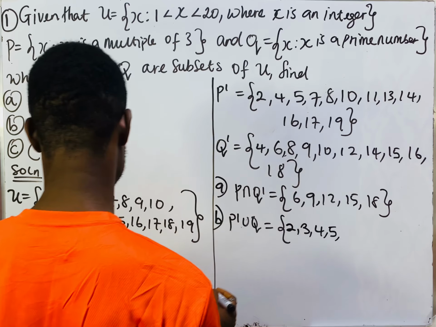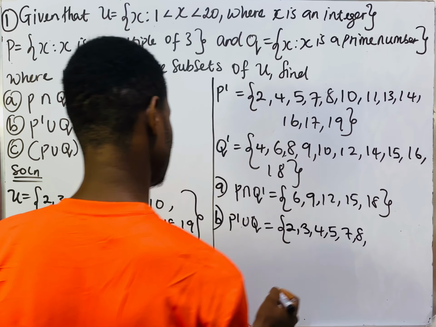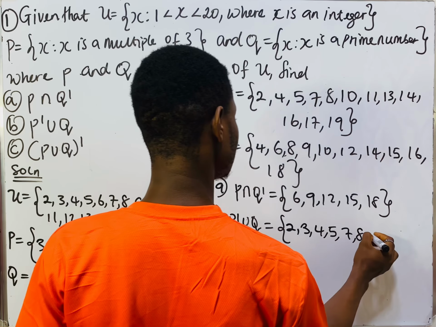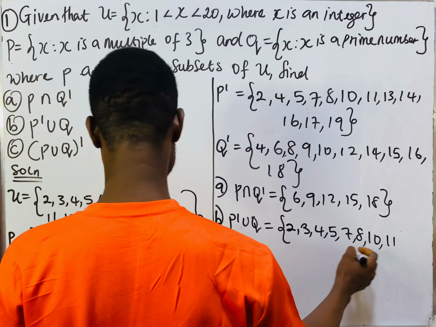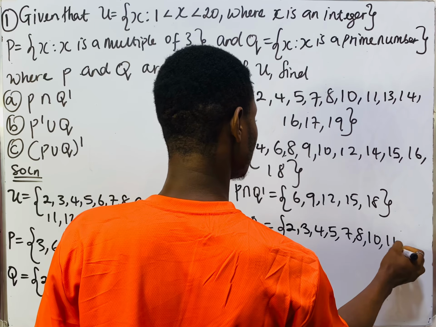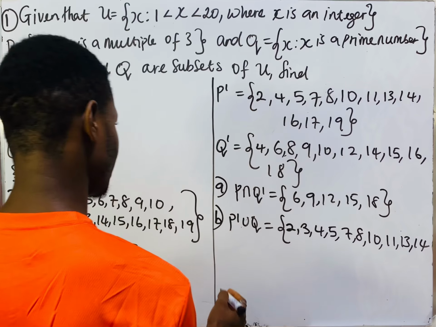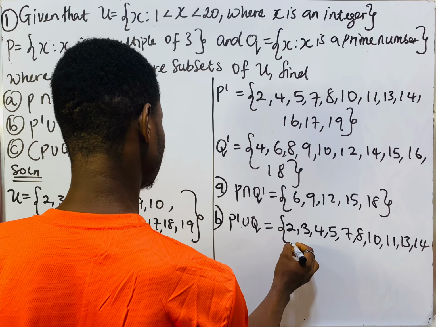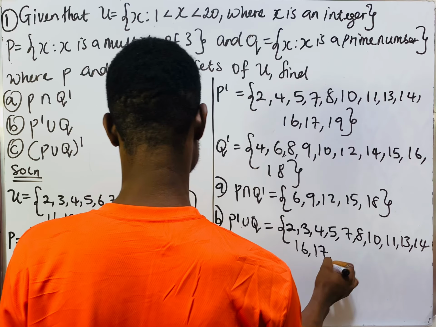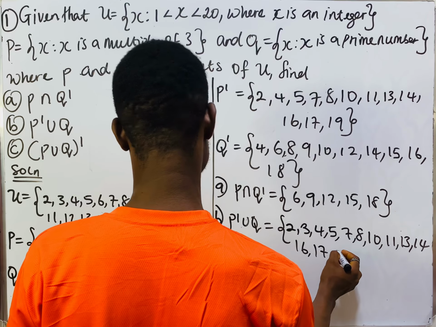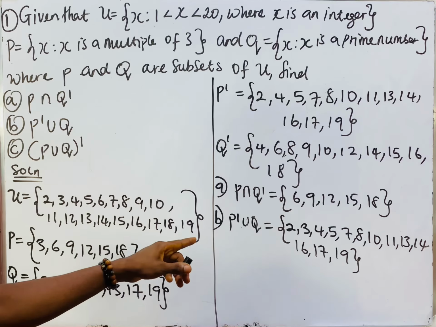No. 7, 8, any 9? No. 10, 11. 11 is in both, so we pick one. Any 12 here? No. 13 is here. 14. Any 15? No. 16, yes, 16 is there. Any 17? 17 is there. Any 18? No. Any 19? 19 is there. So these are P prime union Q.